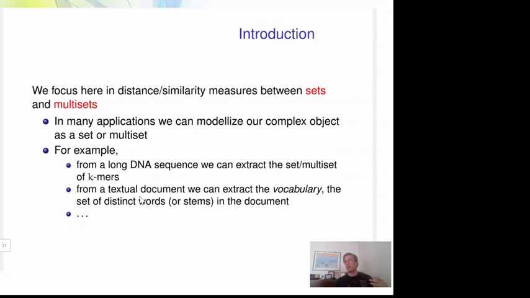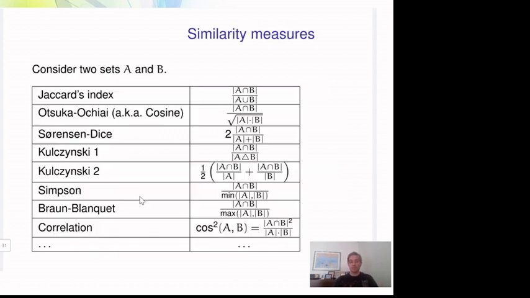Those are called k-mers, and then consider the set or the multiset of distinct k-mers in the DNA sequence. Or our object can be a text, a document, and we can consider the set, the multiset of distinct words in the text, and so on.